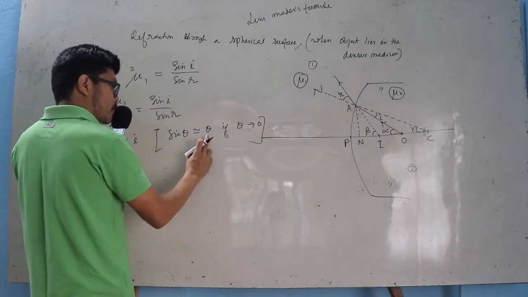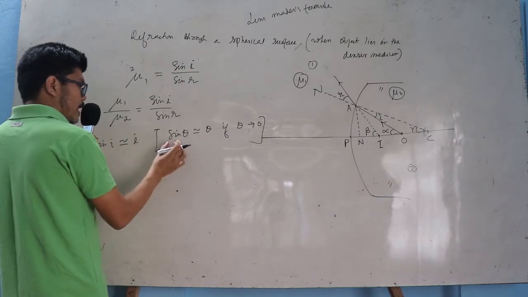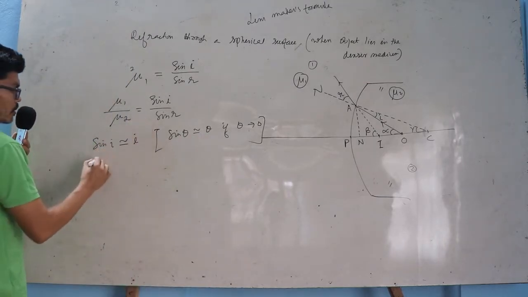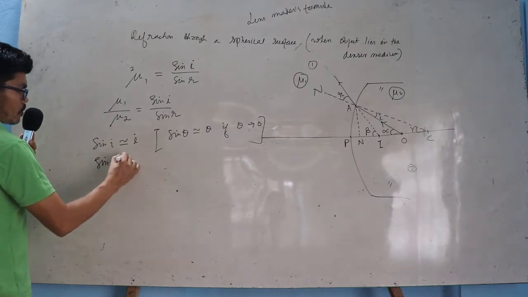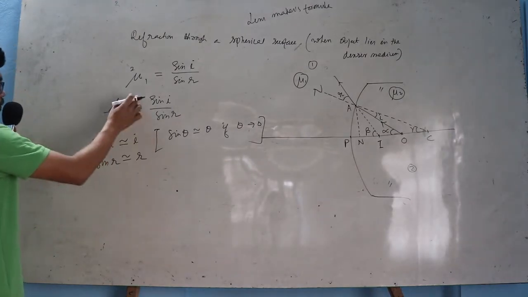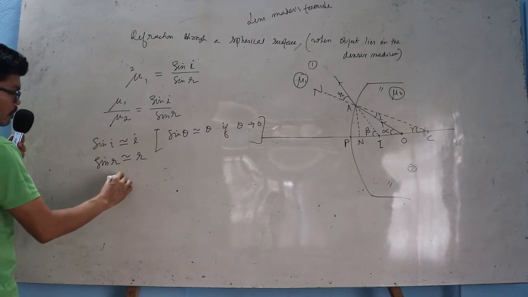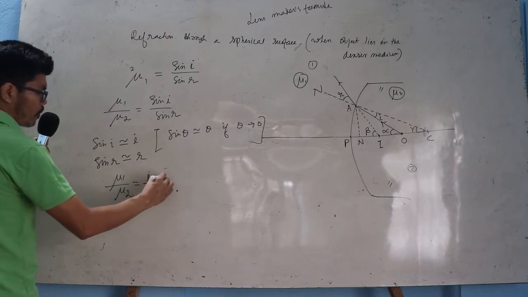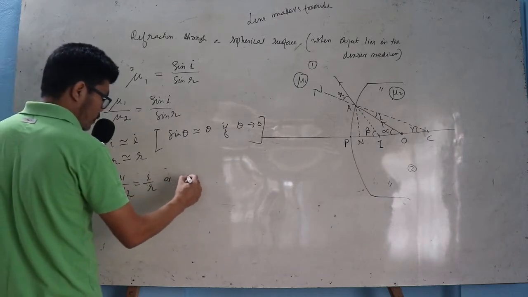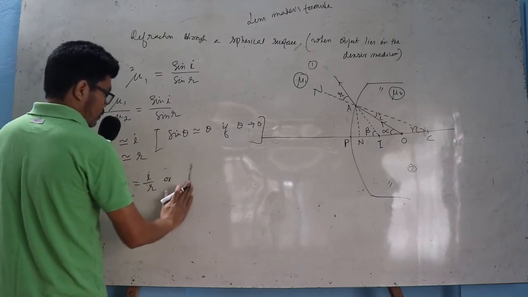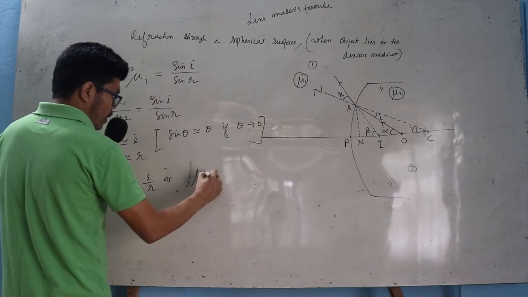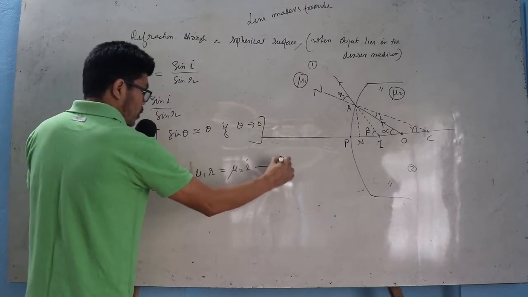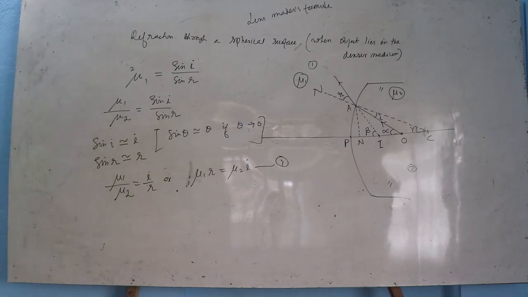It means if theta is very small, sine theta is simply equal to theta here. So like this, sine R also will be equivalent to R. So if you put here, you have mu 1 by mu 2 equal to I by R. Or simply cross multiplication will give you mu 1 R equal to mu 2 I. Let us call it as equation number 1 here.